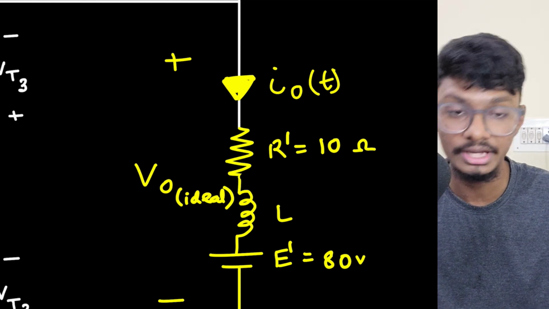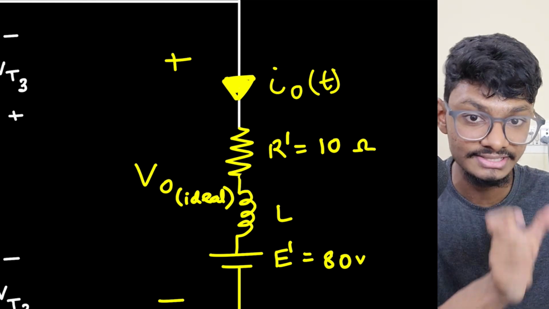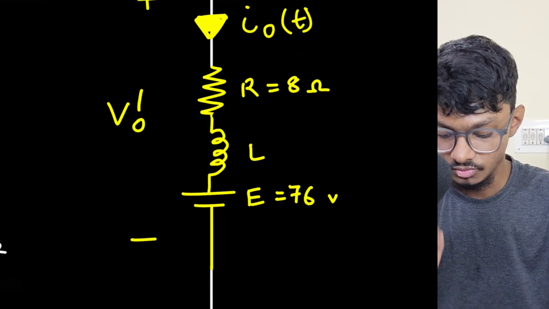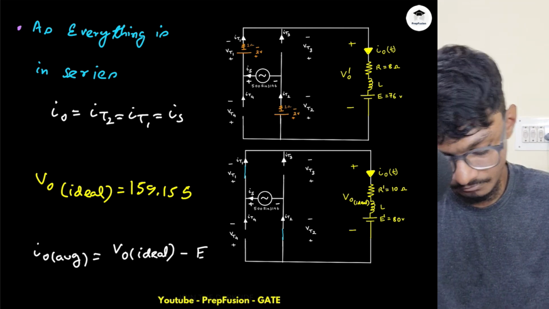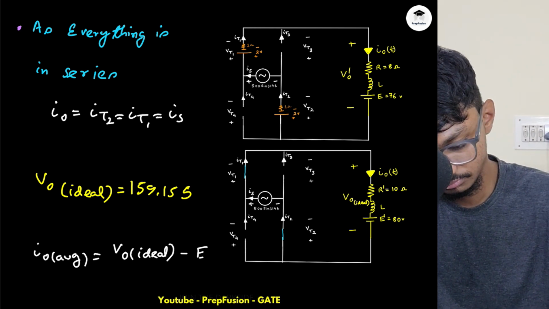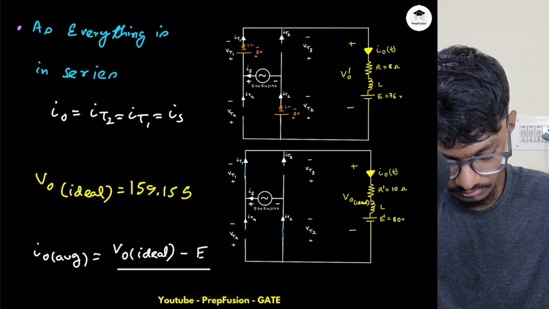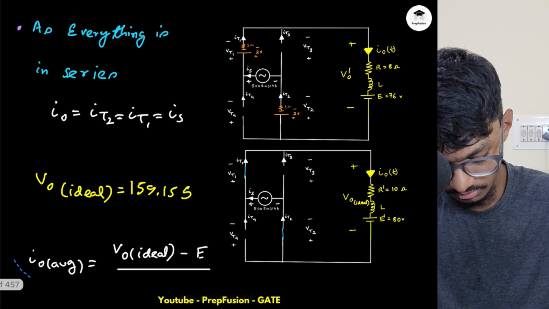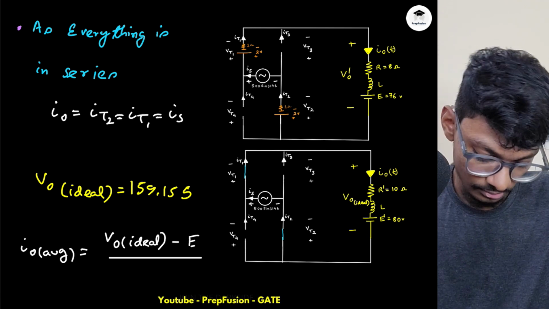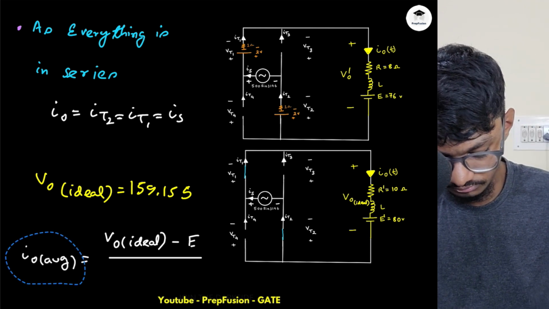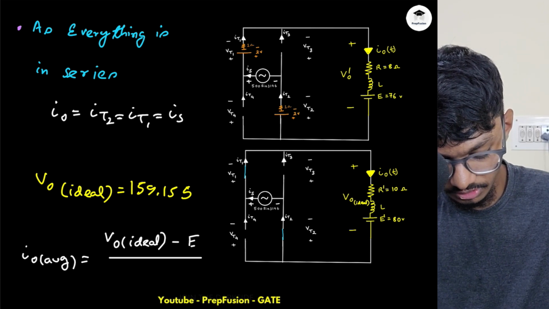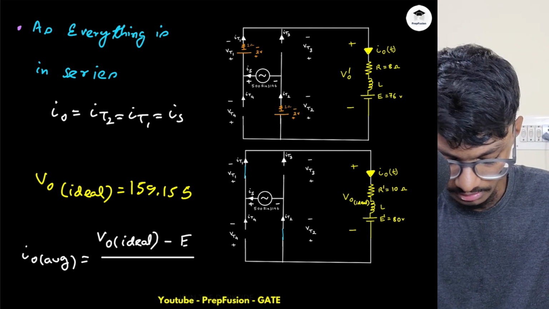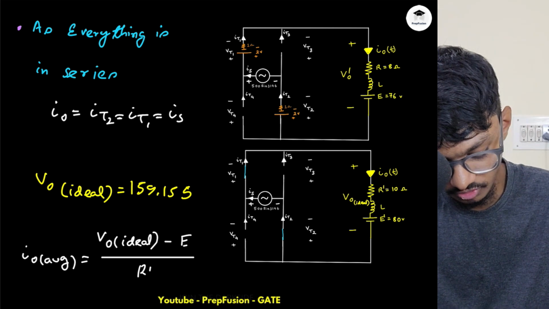This will not be R anymore, it will be R dash, because it has the switch resistance as well. R actual was 8 ohms.